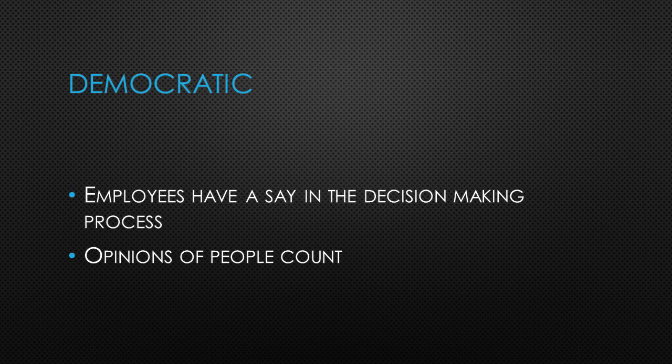A democratic leader would go to his or her team and ask, what should we do? What do you think we should do? Everybody has the freedom of expressing what they think, and then at the end of it, a decision can be taken together on which is the best approach. So, opinions of people really count here, as you can see. So, this is the democratic style.